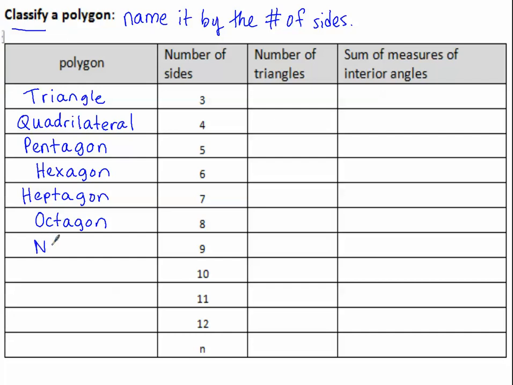9 sides is a nonagon. 10, decagon. Think of a decade as 10 years.